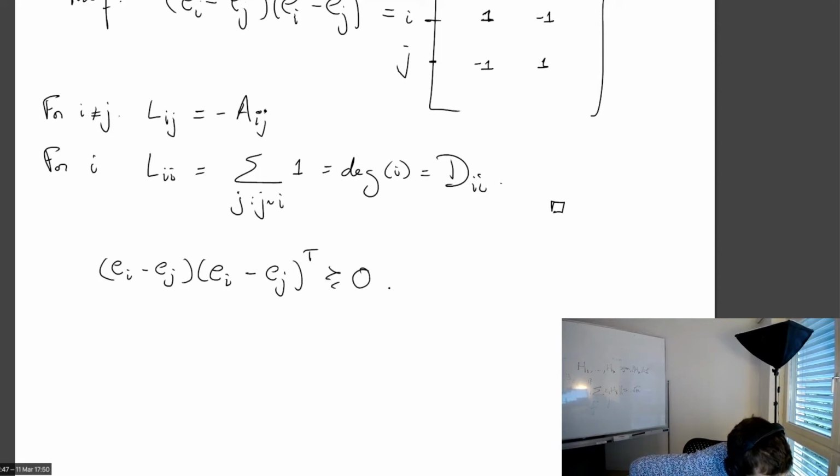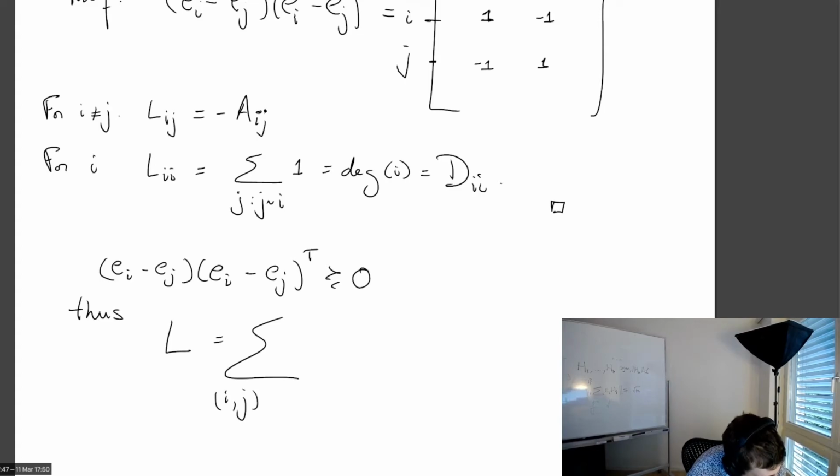So, of course, it's rank 1 and it's positive semi-definite. All eigenvalues are bigger or equal than 0. If you sum symmetric positive semi-definite matrices, they are positive semi-definite, right? Thus, L equals this sum, I should say for all i and j, regardless whether they are an edge or not.